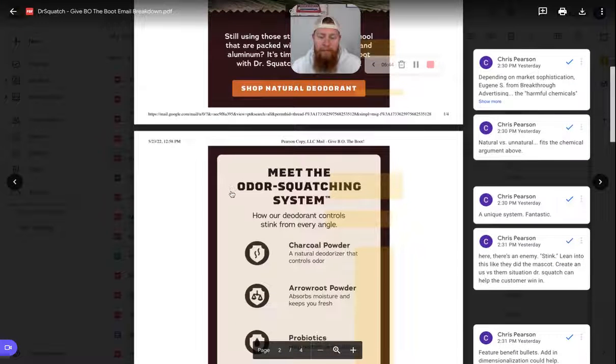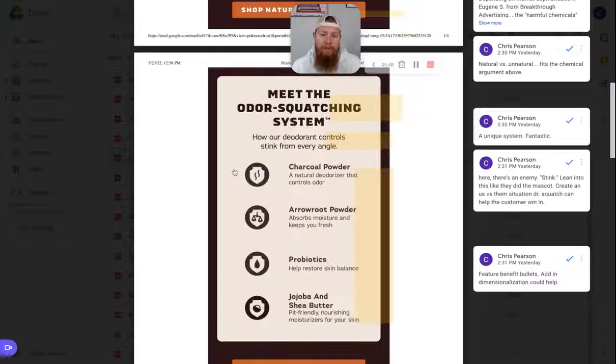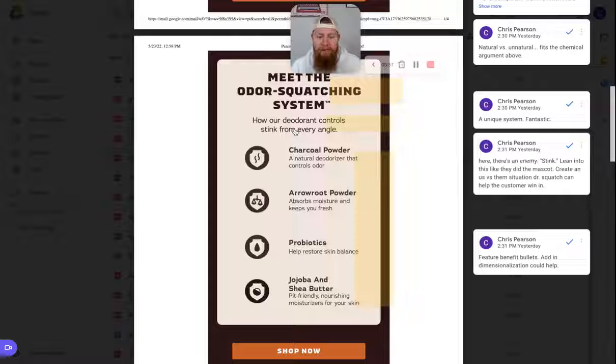The next piece that I really like about this email is that they introduced their meet the odor squatching system. Odor squatching, that's funny. That made me laugh the first time. I was like, yeah, that's cool. Then they talk you through their system of odor squatching and what they do to actually help you get rid of BO.